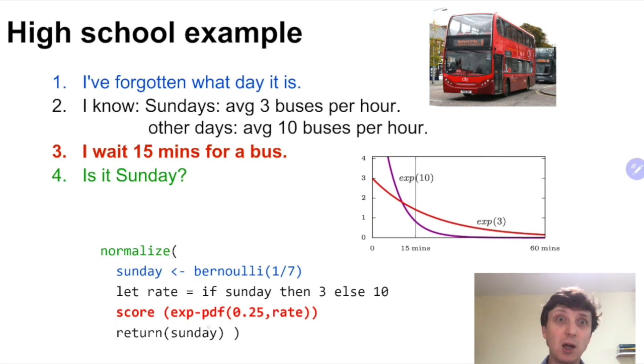I'm typically going to call score with a probability density function evaluated at an observation point. Of course, I'm free to use score if I add it as a construct however I like. It doesn't really change the language expressivity, but it's just quite nice to be explicit about what happens with observations and weighting and scores. Okay, so instead of writing observe, I'm going to write score from now on.